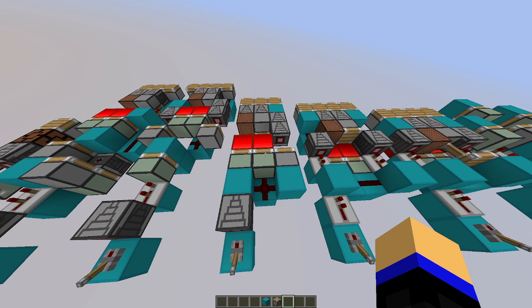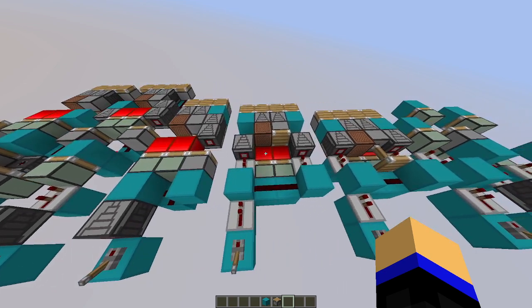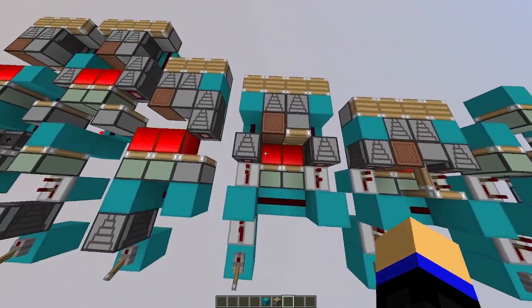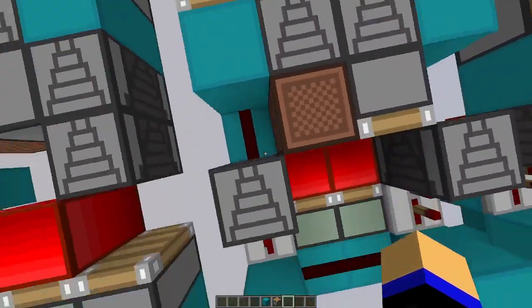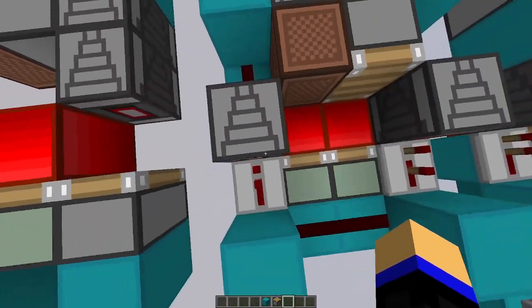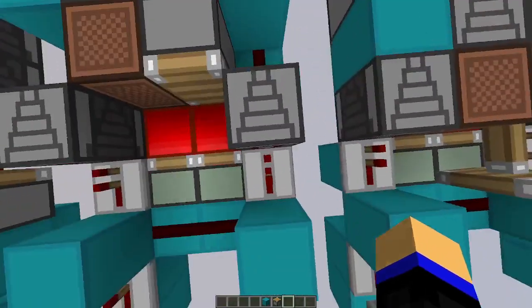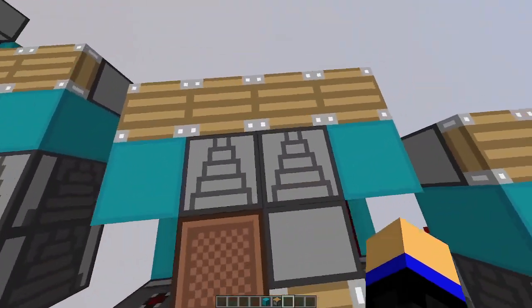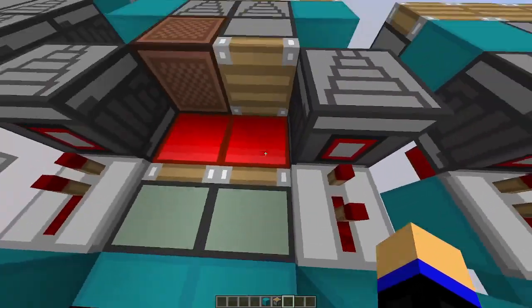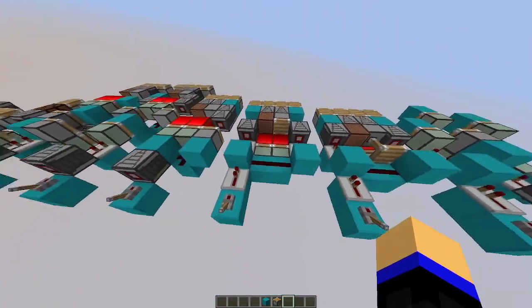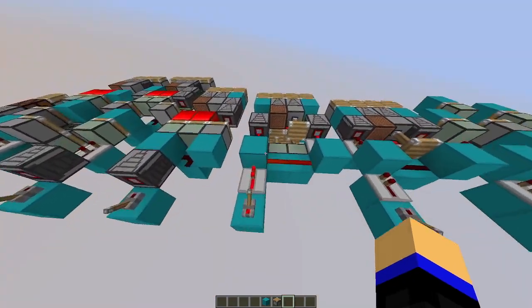So you can probably know the result of this. This is 2 game ticks of delay. This is 4 game ticks of delay or 2 ticks of delay. 3 tick or 6 game ticks. These 2 observers, 1 tick or 2 game ticks. We should know these delays, but let's just say we don't know. What will happen then? Did you see it?